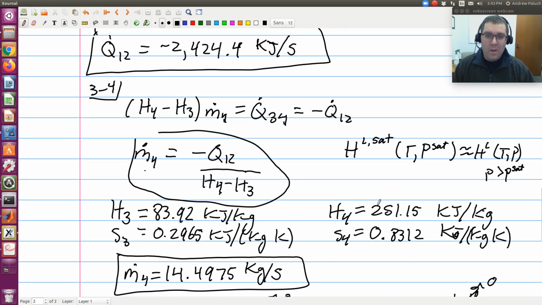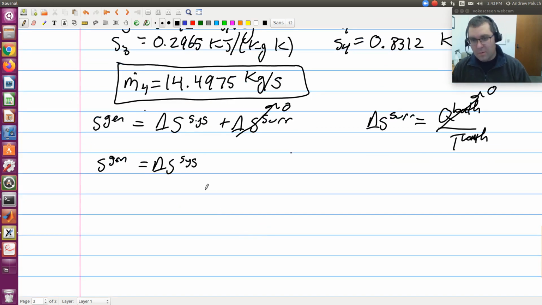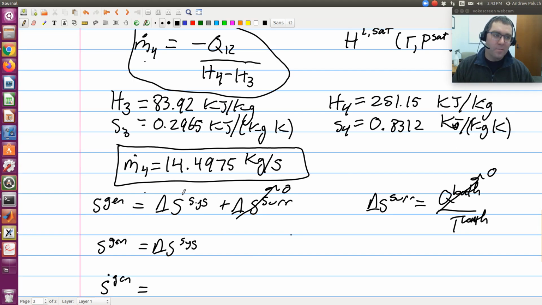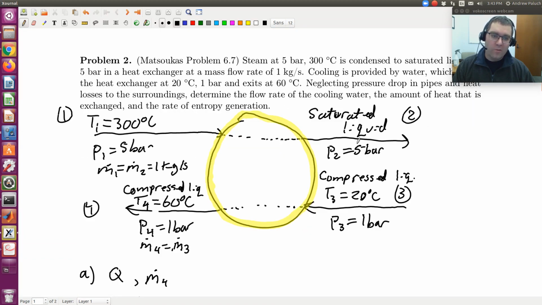In general, how I'm going to have to write this is S dot gen for my open flow problem. So S dot gen is my extensive entropy generation per unit time. In terms of delta S of my system, how I'm going to have to expand that out is I'm going to have entropy flowing in stream 1 and flowing out in stream 2.